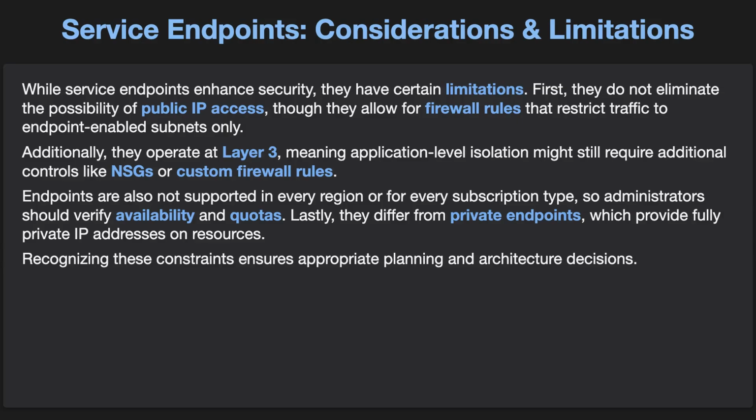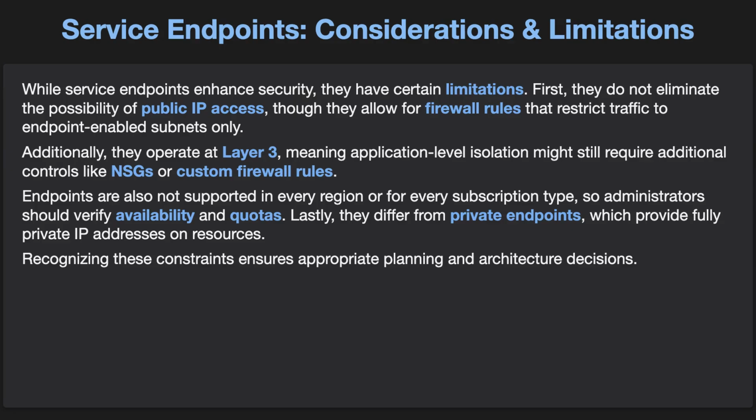While service endpoints enhance security, they have certain limitations. First, they do not eliminate the possibility of public IP access, though they allow for firewall rules that restrict traffic to endpoint-enabled subnets only. Additionally, they operate at Layer 3, meaning application-level isolation might still require additional controls like NSGs or custom firewall rules.